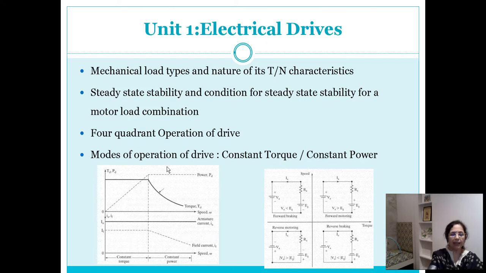So this diagram indicates, since this is general, I have included it on this slide, that when we say constant torque operation, may it be DC drive or AC drive, we are necessarily talking about the mode of operation where it is operation of the motor below rated speed.